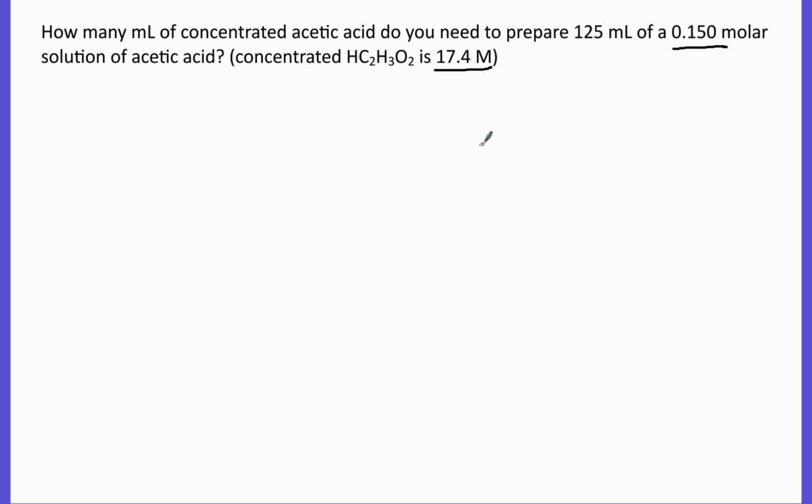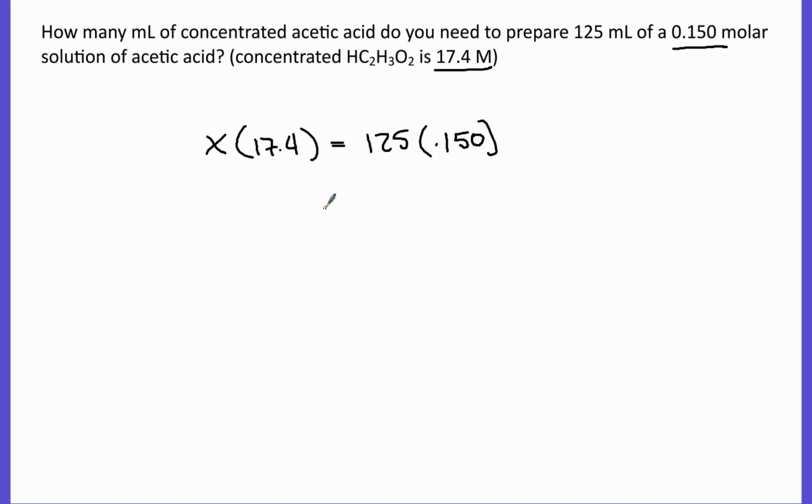So to set this up and to solve, I need to take the volume X that I don't know of this concentrated solution, 17.4 molar, which is going to be equal to my final volume times my final concentration, molarity. If I solve for X in here, that'll tell me how many milliliters of that concentrated acetic acid I need.